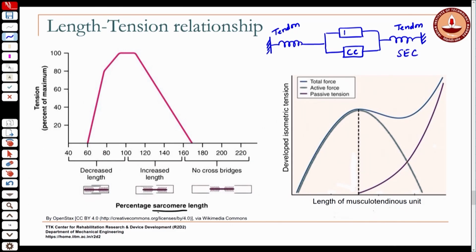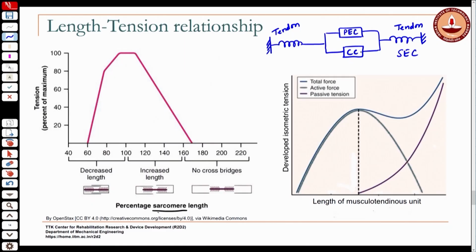Then I have the muscle itself, the fibers surrounding it, which give a passive elastic component, and then you have the contractile component, which is the only active component. The figure that we are drawing is for this, the total, the whole unit.